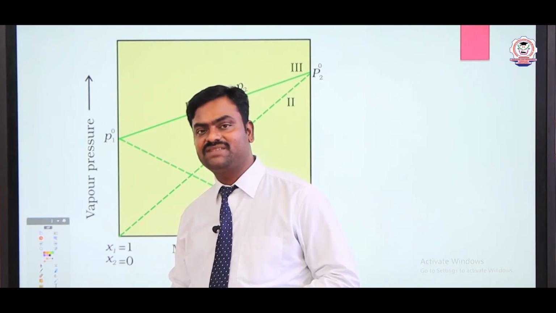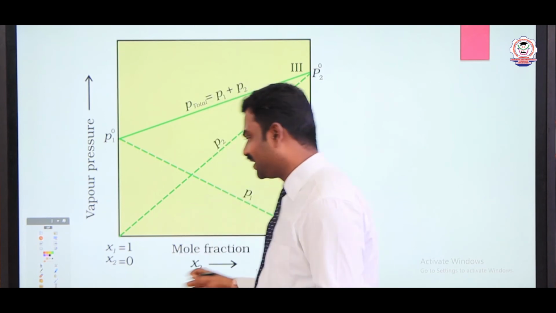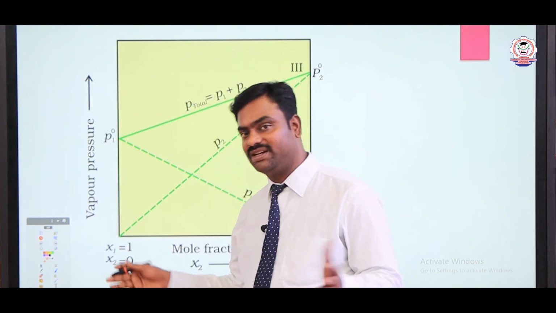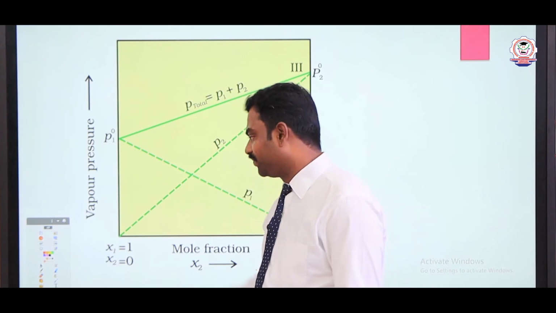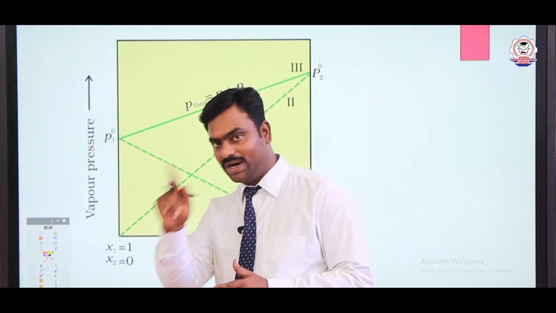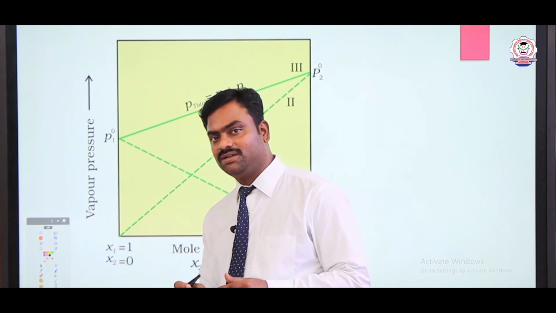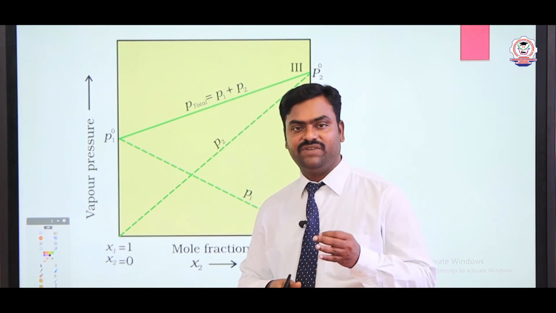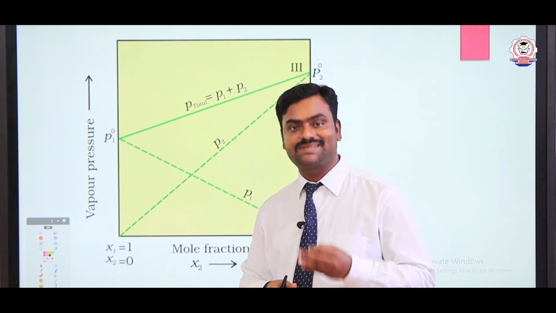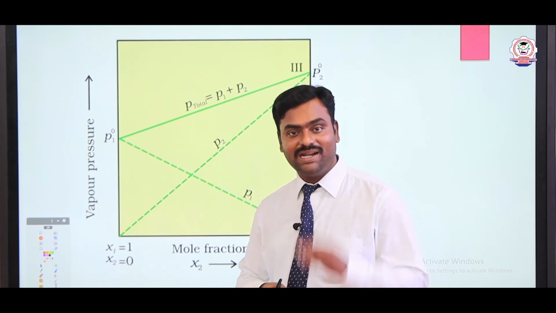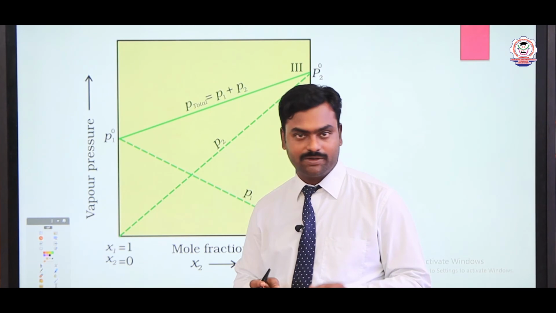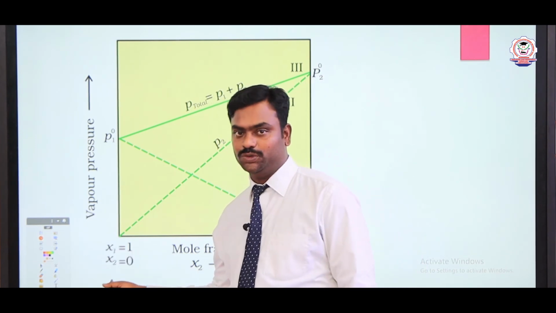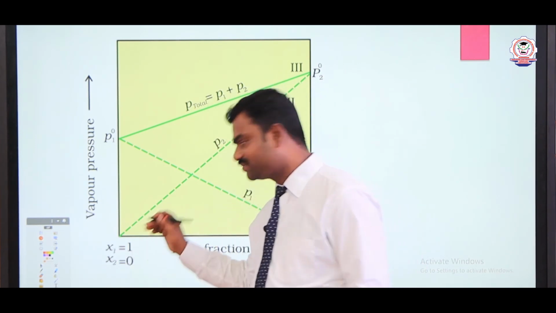We are considering them as Xa and Xb, but here the representation is X1 and X2. Both are similar. When X1 is equal to 1, X2 must be 0, because it states that we have only one compound. It is pure, so there is no X2, that is why 0.